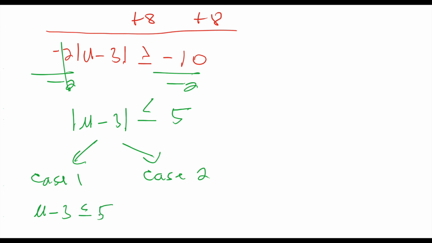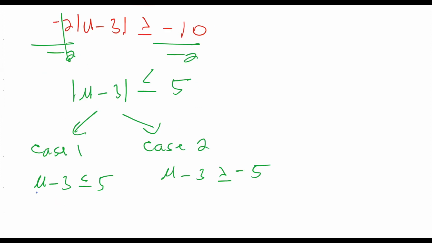All right, check the bars off, leave it alone. Next one. U minus 3. Flip the sign and what? Opposite sign on the right. Cool. So plus 3, plus 3, plus 3. And U is less than or equal to what?